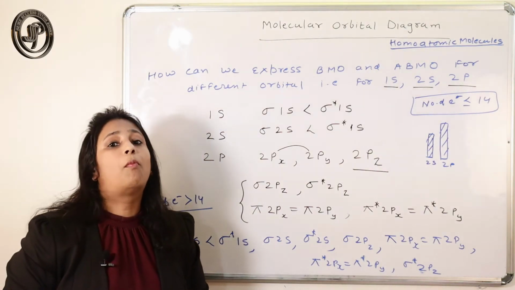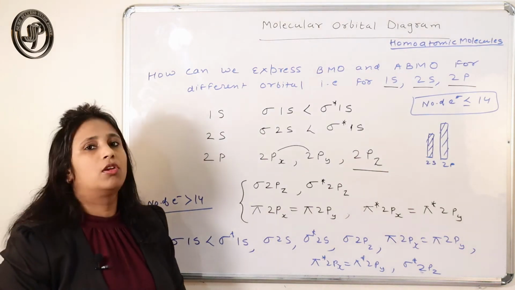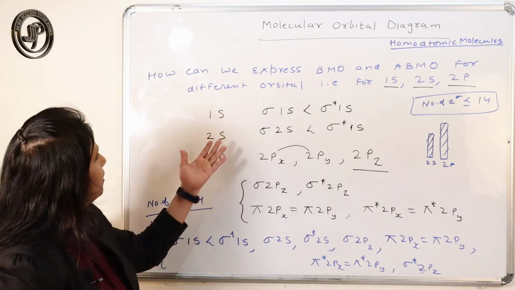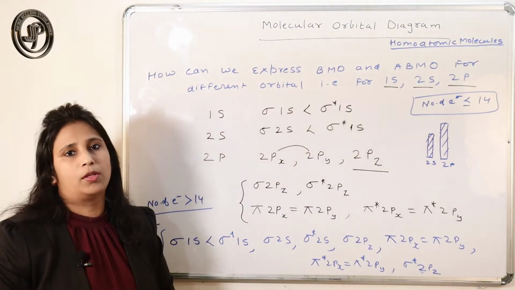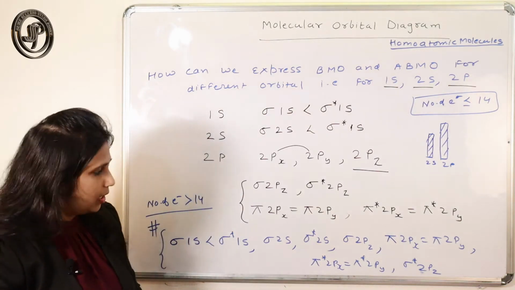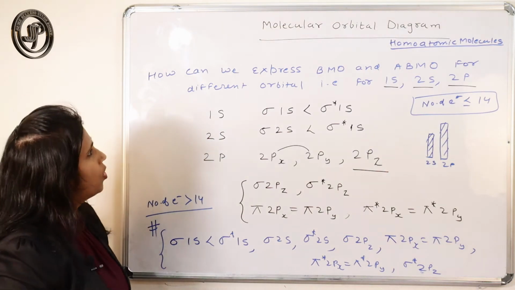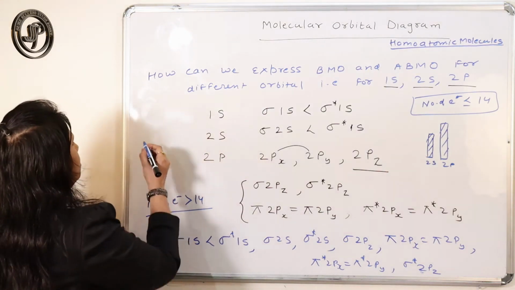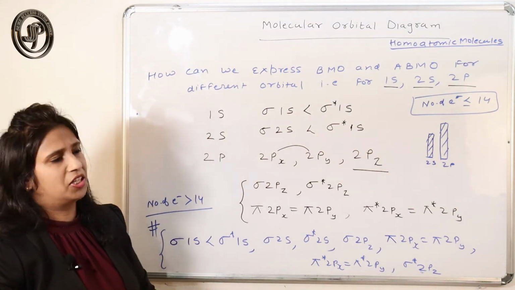And the three important conditions for a molecular orbital to be formed, as we saw: when two atomic orbitals combine together they form the molecular orbital, but there are some conditions that you have to follow. The first condition is that the combining atomic orbitals should have the same energy.